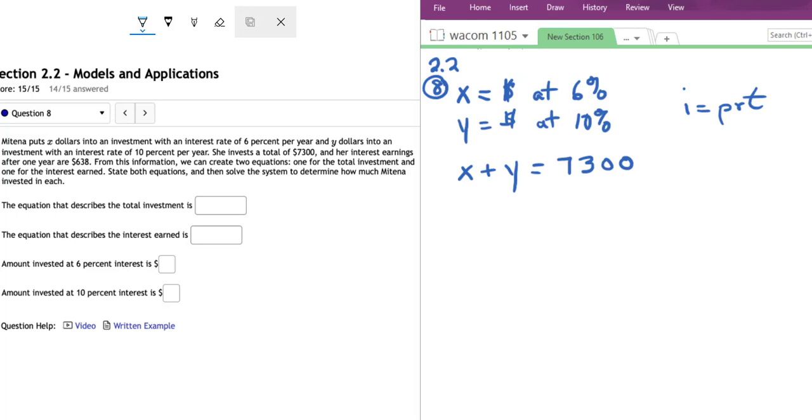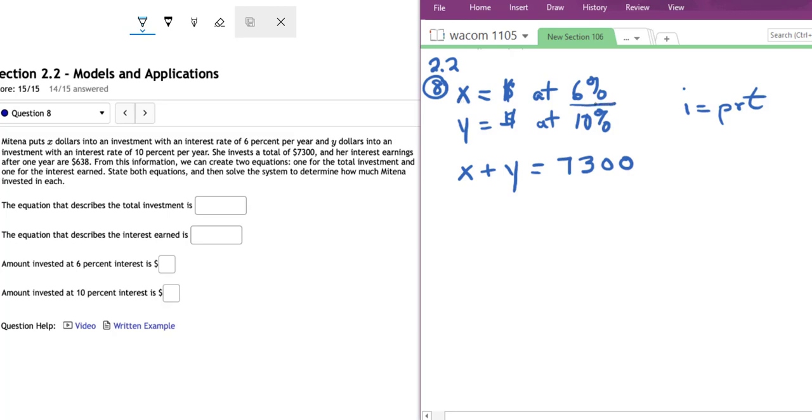So our interest for each one will be the principal, which is going to be the X or the Y, times the rate, and then we can add those together and equal the total interest. So first we'll work with the 6%. Our amount of money, which is X, at 6%.